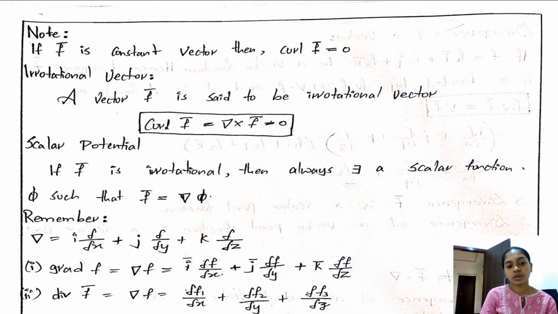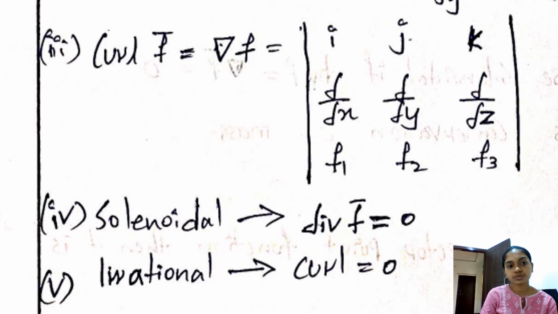Before solving the problem, let's remember some points. Del = i ∂/∂x + j ∂/∂y + k ∂/∂z. Grad f = del f = i ∂f/∂x + j ∂f/∂y + k ∂f/∂z. Next, div f = del · f = ∂f1/∂x + ∂f2/∂y + ∂f3/∂z.